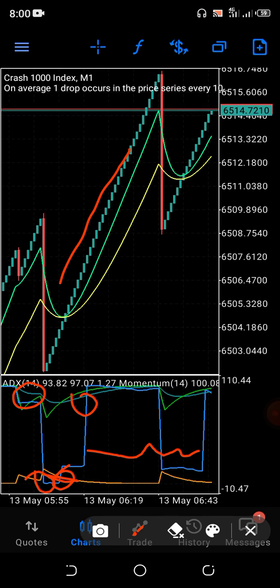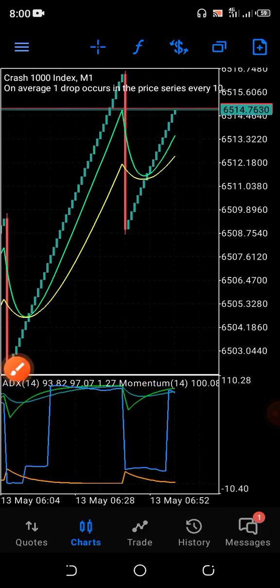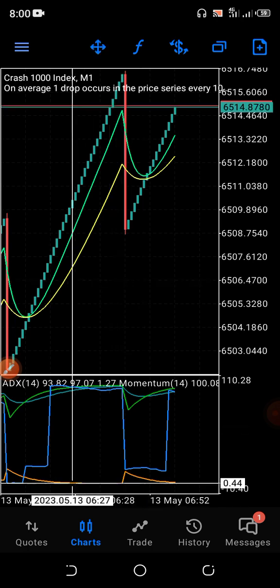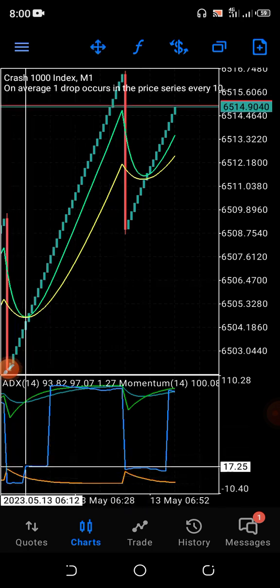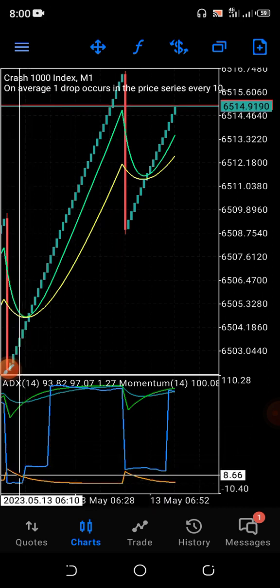Try it and see. If you don't have that mind, if you don't have that confidence, leave the place. Use demo first. Now, watch, I'm not telling you what I don't do. Just from here, once it enters into this place, place your trade.